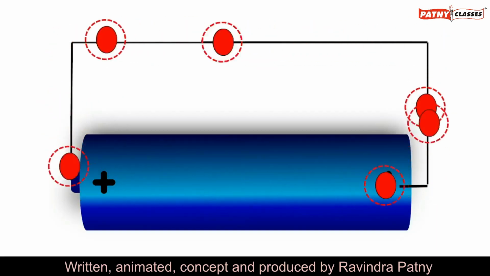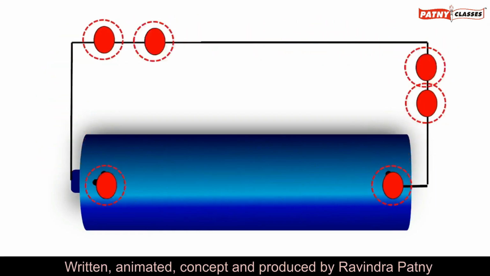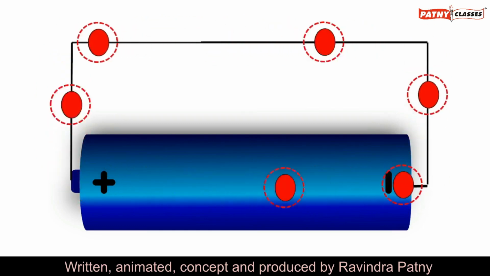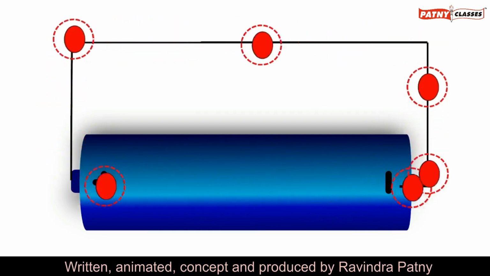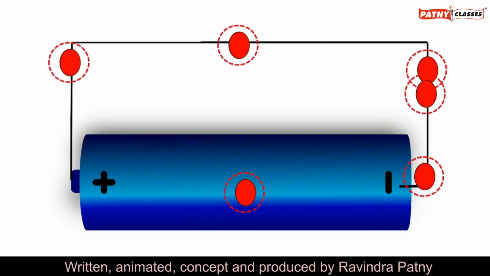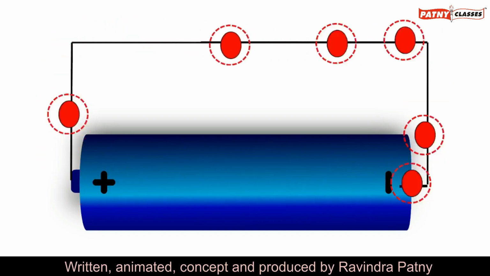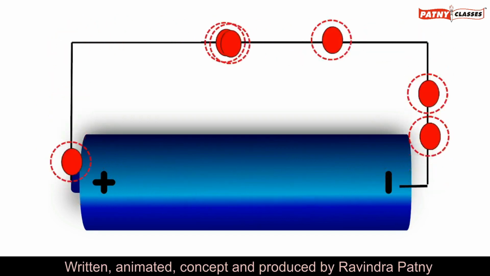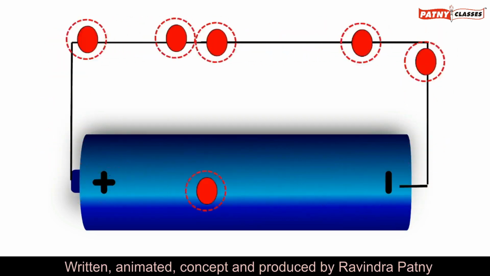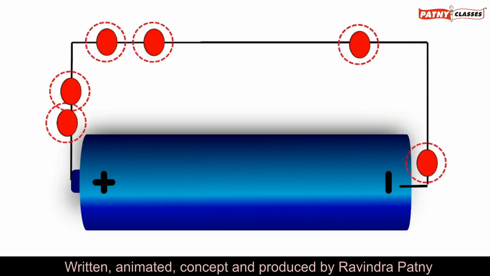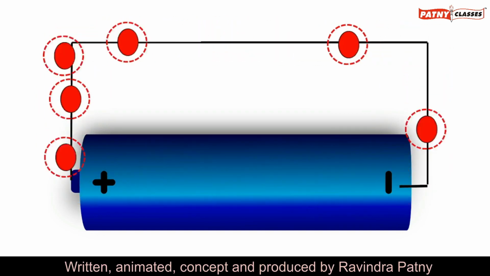If we connect a metallic wire between the positive and negative terminals, a potential difference is created between the two ends of the wire and electrons start flowing from the negative terminal to the positive terminal. Electrons being negatively charged particles are attracted towards the positive terminal of the cell.